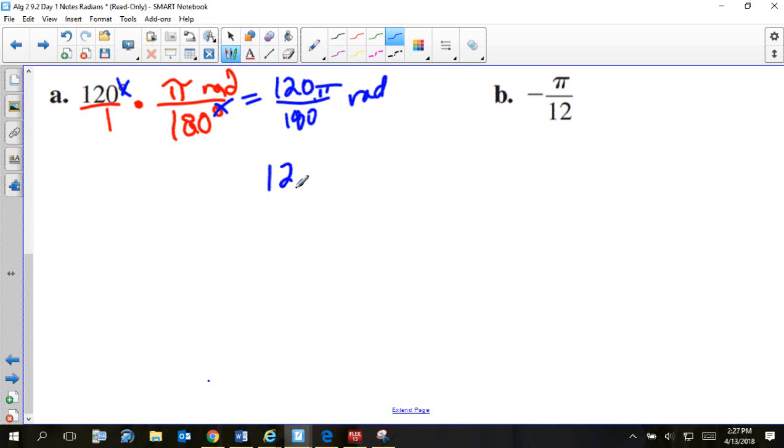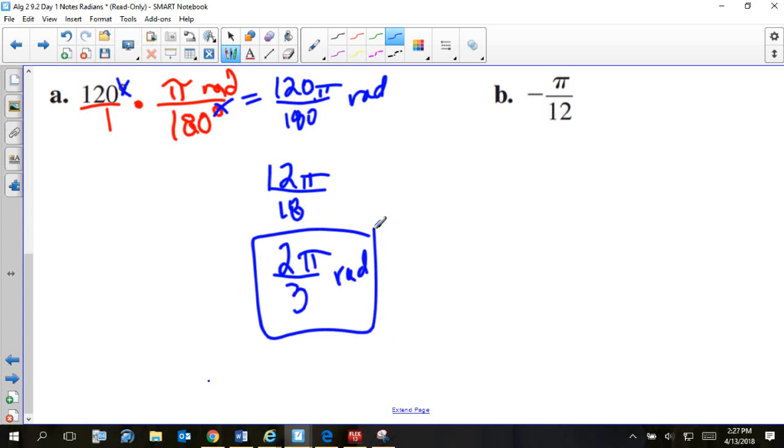Okay, so then I now have 12 pi over 18, but some of you were telling me that's not the biggest thing that factors out, so what can I still factor out? 6. So 2 pi over 3 is the radian that is equivalent to 120 degrees.